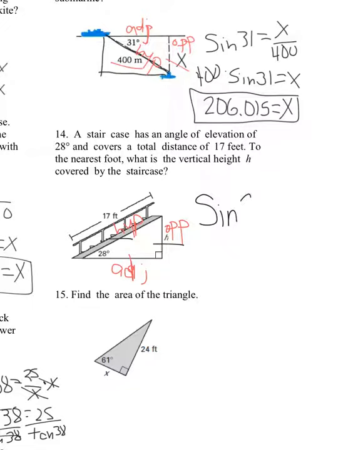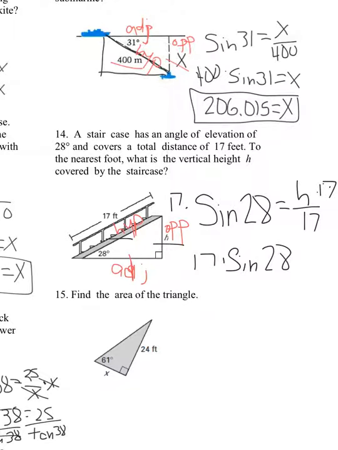That's sine. Sine of 28 degrees equals opposite h over hypotenuse 17. Multiply 17 to both sides. 17 times sine of 28 is 7.981.